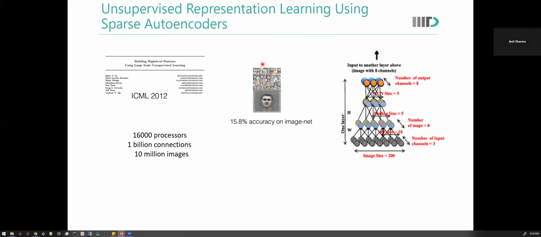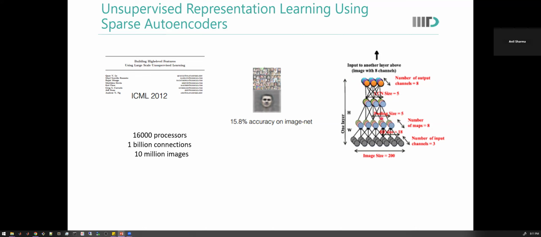Okay, so after that, sparse autoencoders came into existence in ICML 2012, which used 16,000 processors, 1 billion connections, and 10 million images. And if you see, there were sparse connections between the different layers. I will not go into the details, but it encouraged the model to learn compact, efficient representations by activating only a few neurons in the whole process.